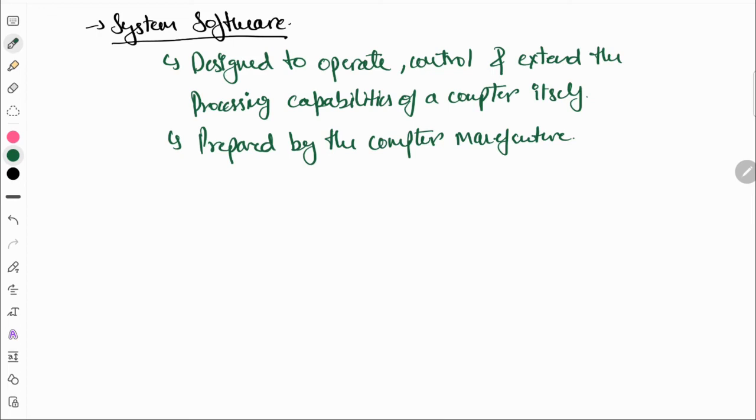Some examples of system software are operating system, interpreter, assembler.